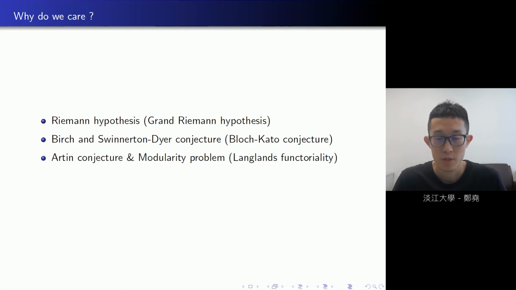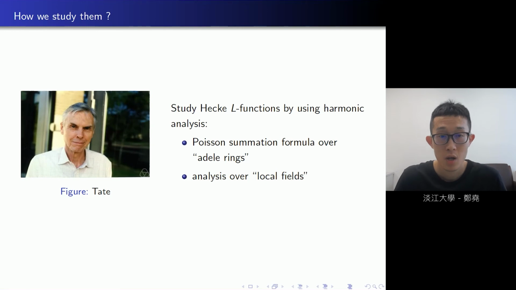But more importantly, understanding the L-functions helps us understand the objects that are attached. Now, in modern number theory, we usually study L-functions by using certain harmonic analysis. And I guess this approach first appeared in John Tate's PhD thesis. Okay, and here is where the representation theory comes in.